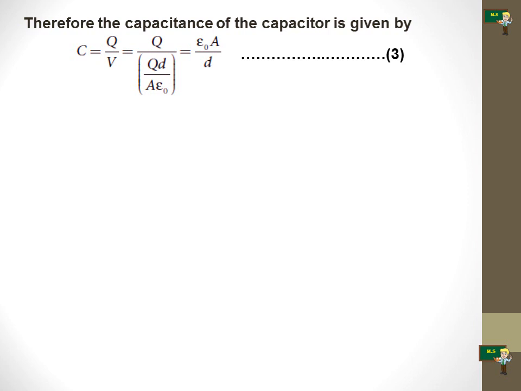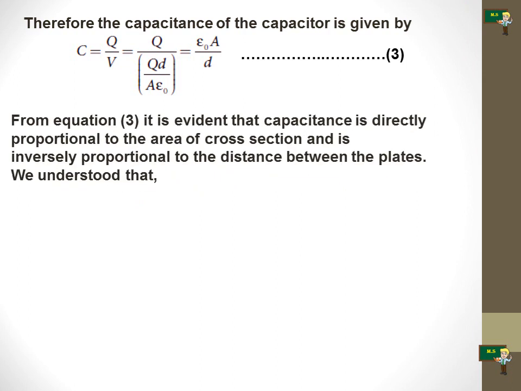So we take Q by V, and instead of V we put the term Q d divided by A epsilon 0, using the last equation 2. When you cancel Q and Q, you get A epsilon 0 on the upper side and d on the bottom. So C equals epsilon naught A divided by d. This is equation 3.